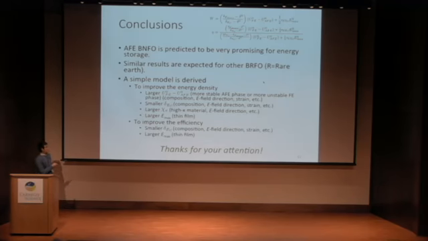With the simple model we have derived, we can understand the results, and it also tells us that to improve energy density, it's better to have large delta U, meaning a more stable antiferro phase or more unstable ferro phase, which can be achieved by manipulating the composition, E-field direction, or epitaxial strain.